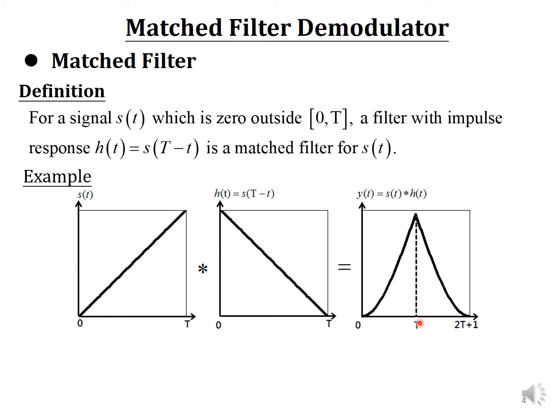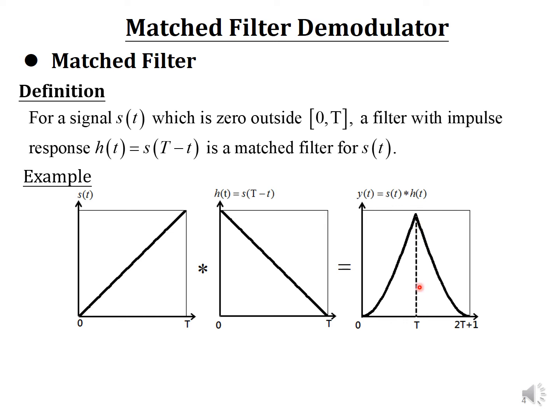When the integral is at t equal to capital T, this matched filter and this s(t) overlap completely at t equal to capital T. Then the integral has the maximum value.